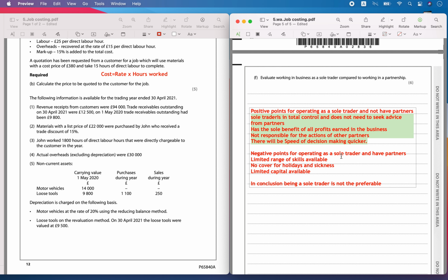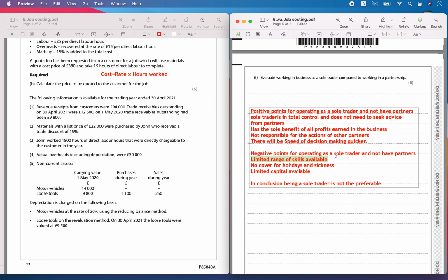However, the negative points of being a sole trader and not having a partner are that there is a limited range of skills available, because a sole trader does not have a partner who might have different skills.